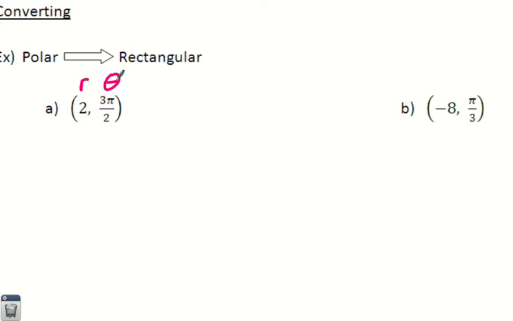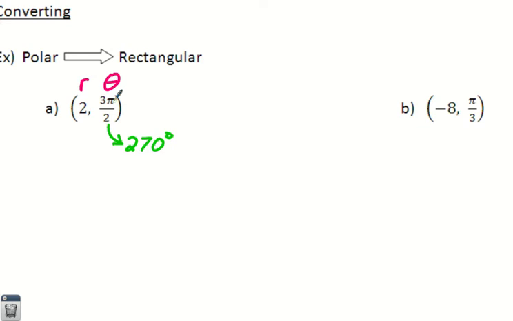And we know that r equals 2 and theta equals 3 pi over 2, which we probably prefer to say as 270 degrees. You should know how to convert that, namely plugging in 180 degrees for pi and doing 3 times 180 divided by 2. 3 pi over 2 is the same as 270 degrees.